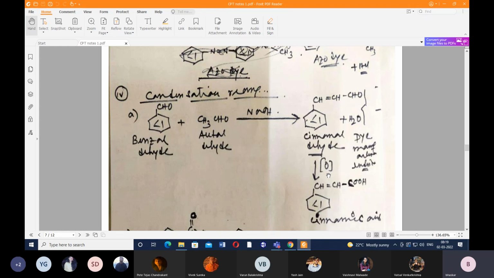This can act as an oxidizing agent. Either we can use this, or we can also use alkaline KMnO4. So in order to convert cinnamaldehyde into cinnamic acid, we'll use either alkaline KMnO4 or a mixture of K2Cr2O7, that means potassium dichromate, and concentrated H2SO4.